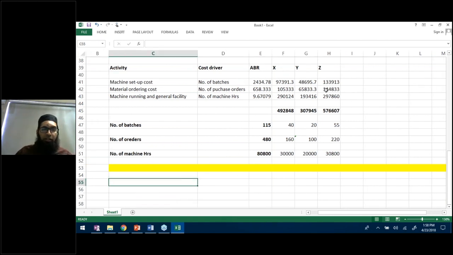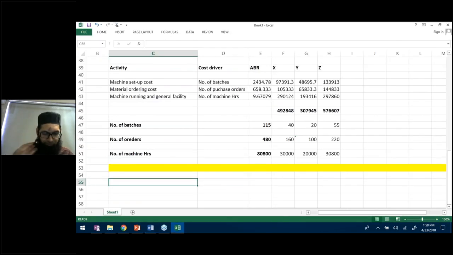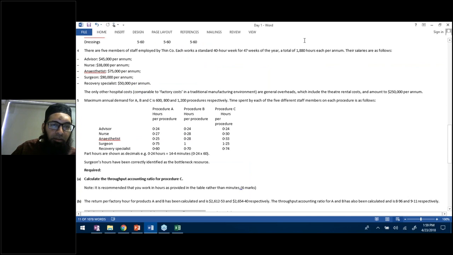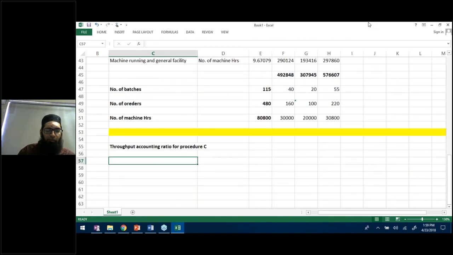Now in this question, requirement A was to calculate the throughput accounting ratio for procedure C. Let's make it bold. To calculate the throughput accounting ratio, what should we be requiring? We will be requiring the throughput per unit first of all.